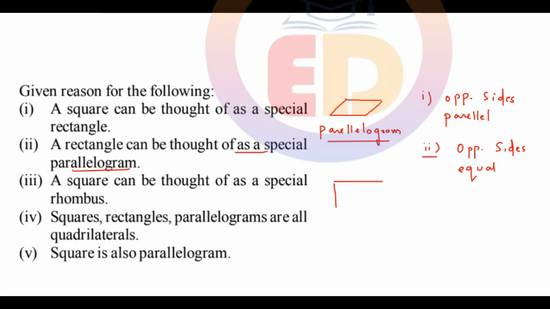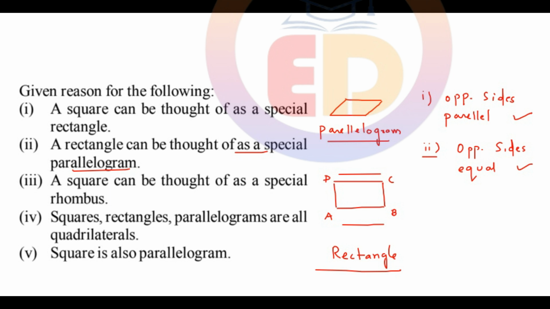Now, this is a rectangle ABCD. Here the opposite sides are AB and CD. Are they parallel? Yes. Opposite sides, are they equal in a rectangle? The answer is yes. So we see that a rectangle follows both properties of a parallelogram.